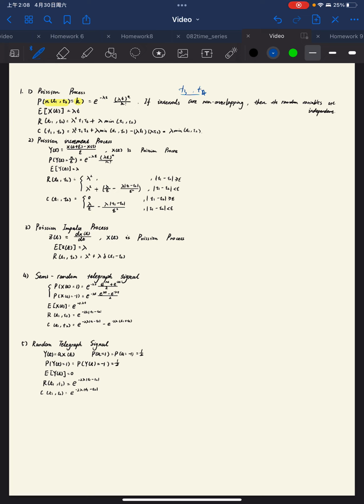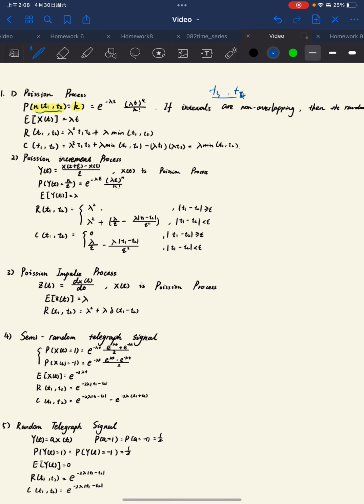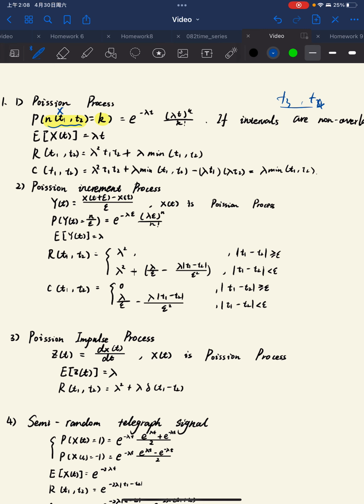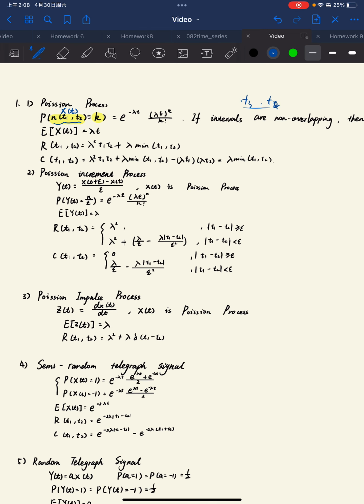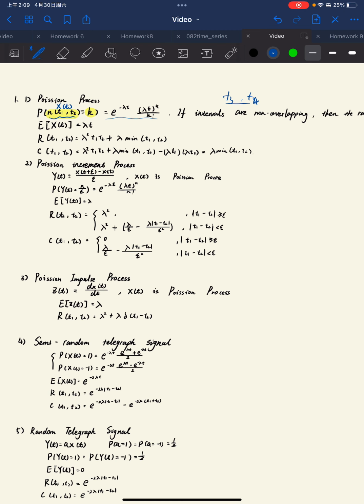For its first order density, at a certain time t, the probability for X(t) equals k follows the Poisson distribution.